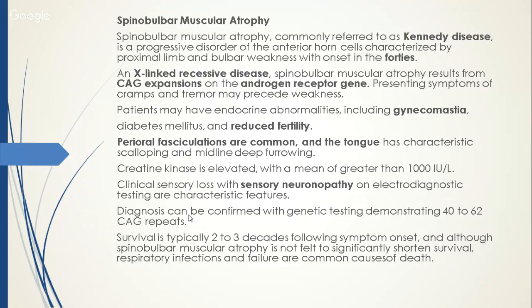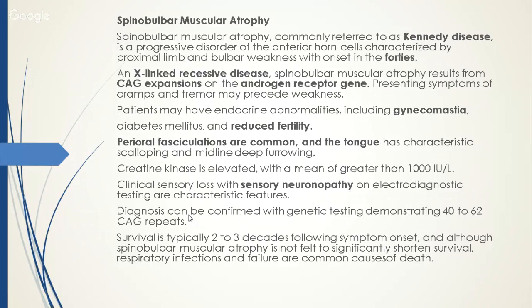Oral fasciculations, as well as tongue fasciculations, are a common part of this disease. However, they will have a sensory neuropathy, hence the importance of making sure whether the patient does or does not have a sensory neuropathy, which quite changes the diagnosis.